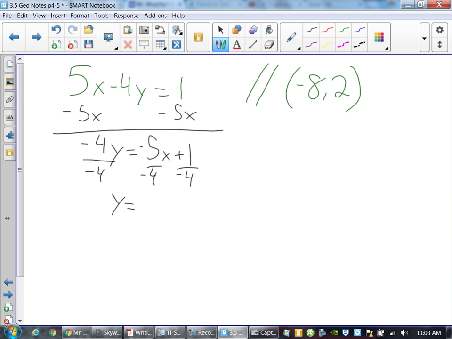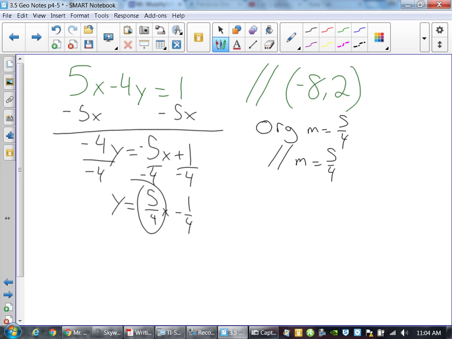So we get y equals 5/4 x minus a 4th. And that's how I identify my original slope. In this case, my original slope becomes 5/4. What's parallel to 5/4?